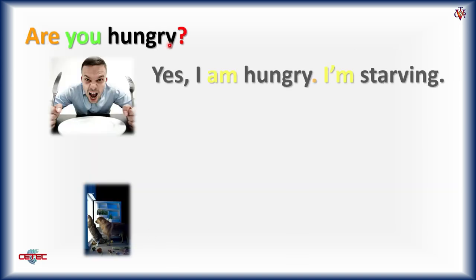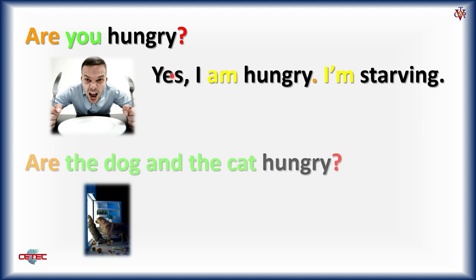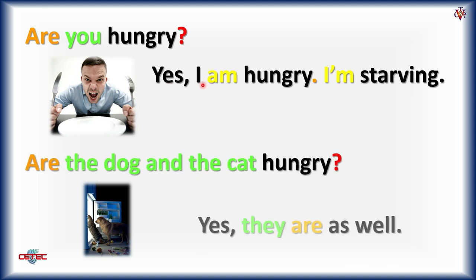Are you hungry? Yes. I am hungry. I am starving. Here, the question asks for a person. Remember, one by one. And here is the exception. Are the dog and the cat hungry?